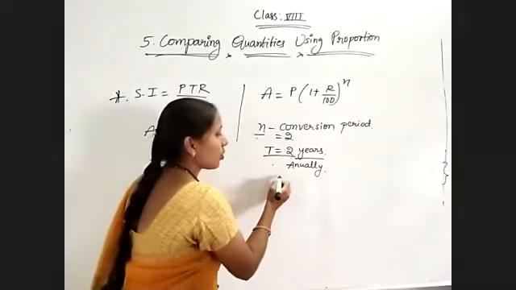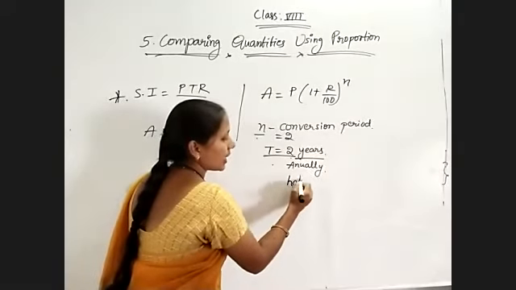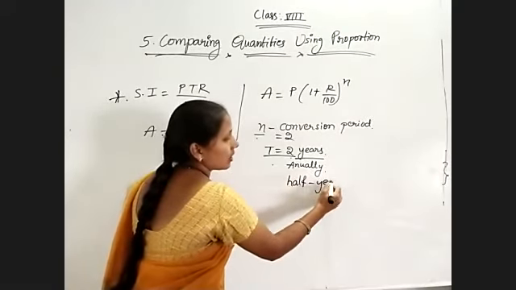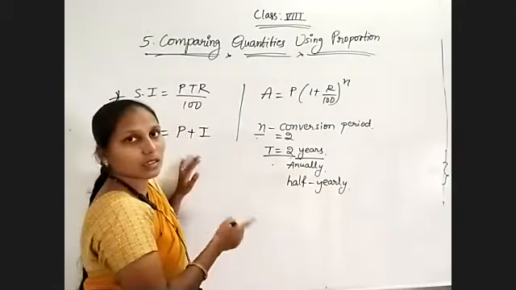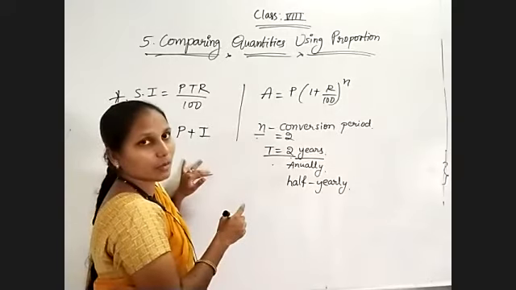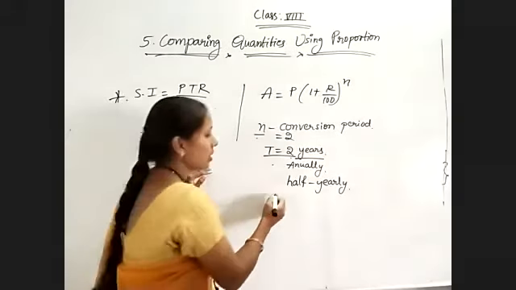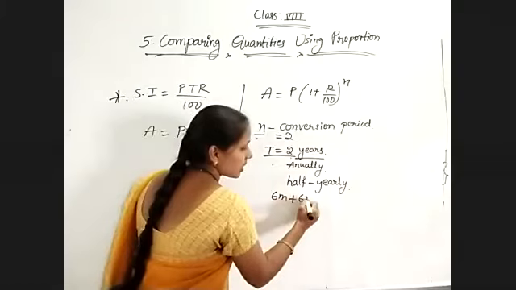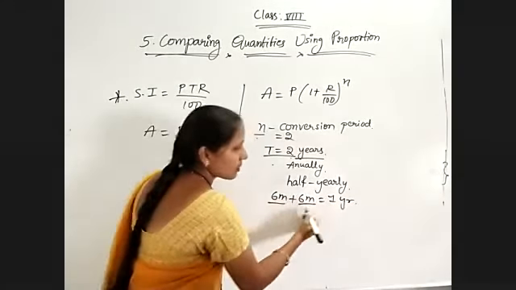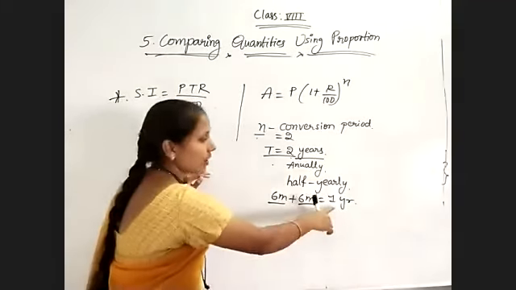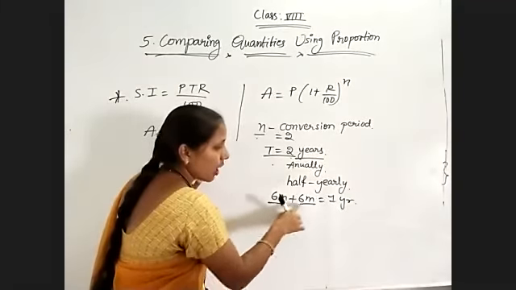If the amount is compounded half yearly or semi-annually, in 1 year, a half year is equal to 6 months, so 6 months plus 6 months is equal to 1 year, yes or no? How many conversion periods are we getting? For 1 year, we get 2 half years.